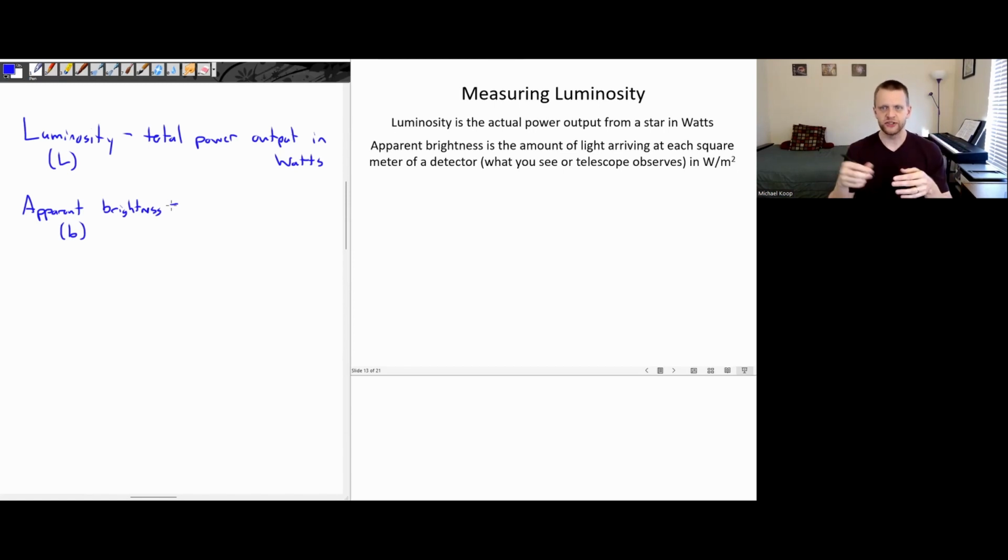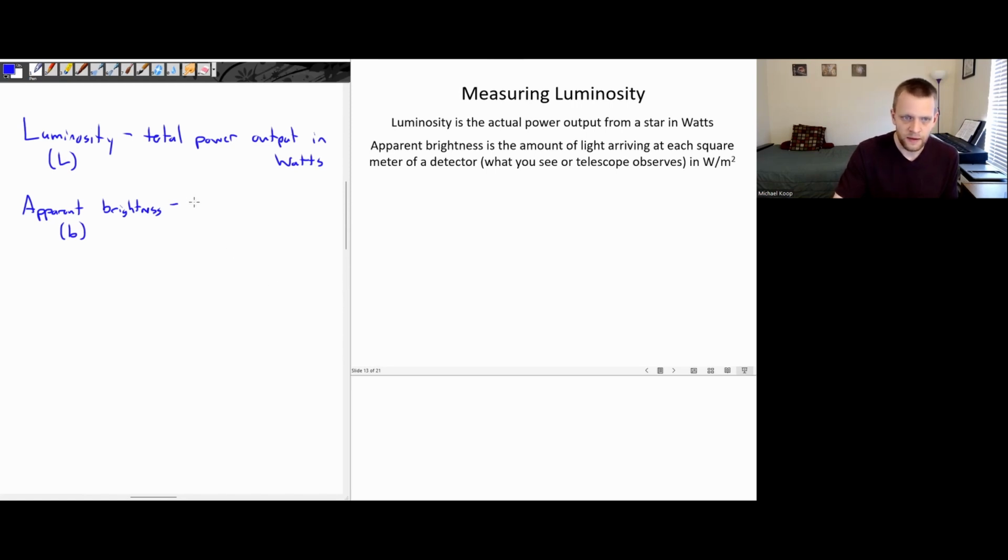This is basically a measure of what is the amount of light energy arriving at the detector, arriving at your telescope in watts per square meter. How much power is reaching your telescope per square meter of the telescope? And this very closely correlates with how bright does that object appear to be to our eyes, to a telescope when you look at it. So that's the apparent brightness.